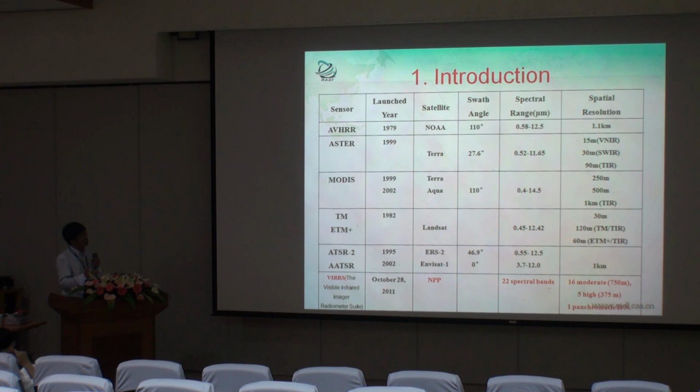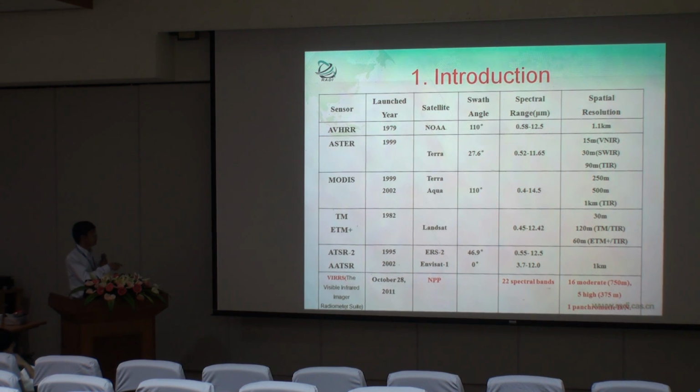Because these sensors have 2 view angles for the land surface temperature observation, we can use the multi-angle observation to retrieve the components of the land surface temperature. For example, we can retrieve the vegetation temperature and the subground soil temperature. So this is why the ATSR and the AATSR are very important for multi-angular thermal-infrared remote sensing.